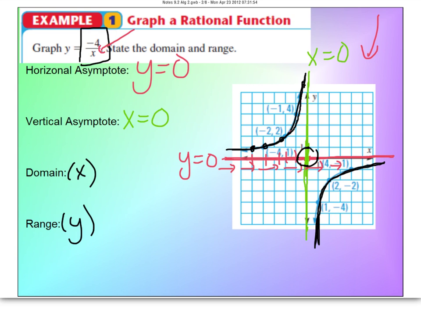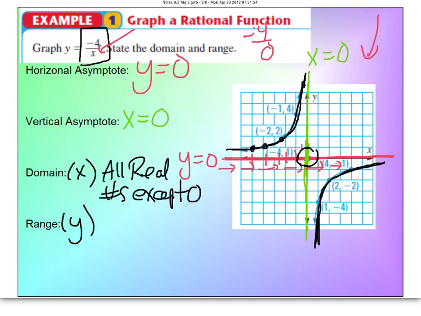It'll error out if x is equal to 0 because you cannot do negative 4 divided by 0 in your calculator. You can never divide by 0. So the domain for this function is all real numbers except 0. It's what x cannot be.